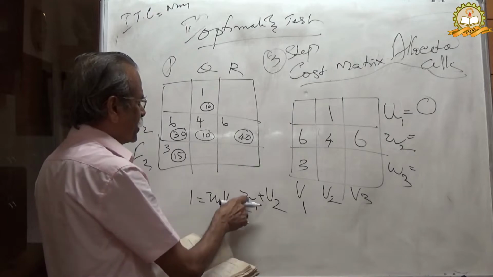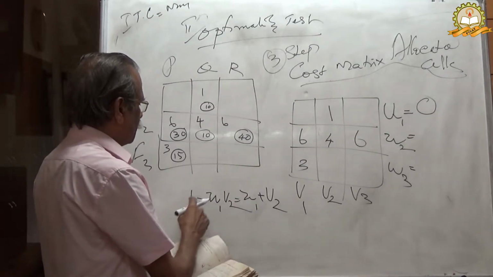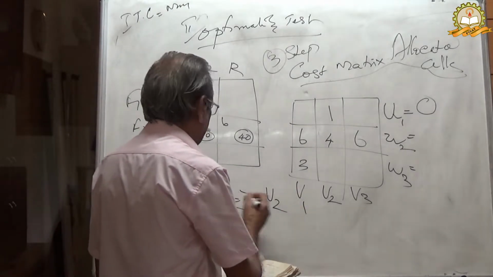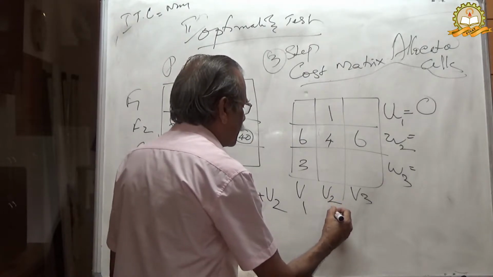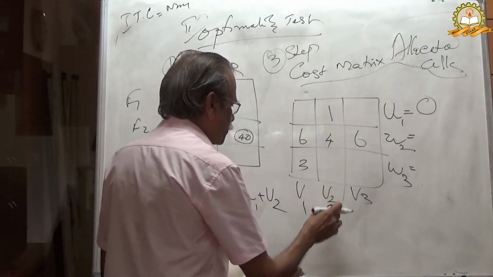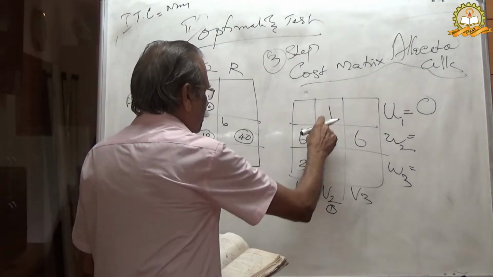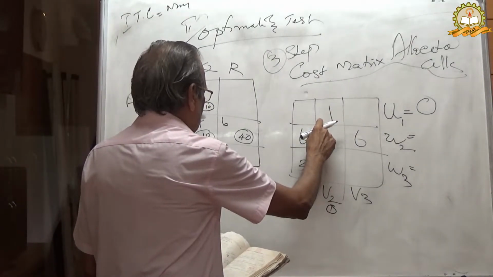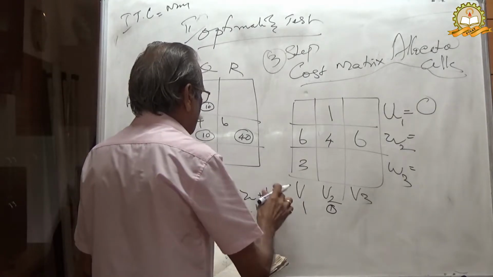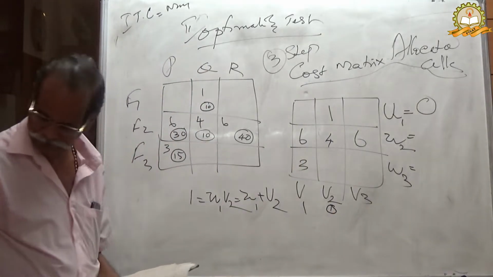We have considered u1 equal to 0. Above v2 should be 1. u1 plus v2, u1 is 0, so v2 will be equal to 1.